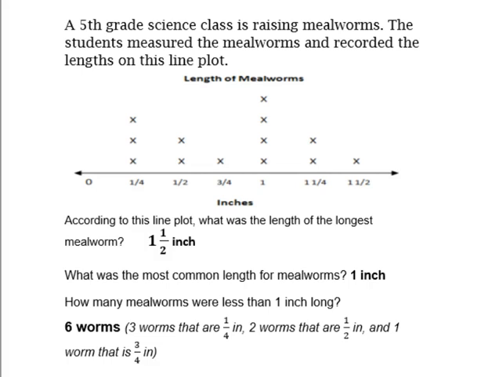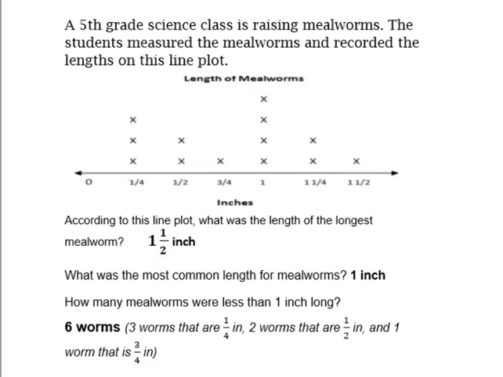For 3/4 of an inch, there's 1 X. For 1 inch, there are 4 X's. For 1 1/4 inch, there are 2 X's. And for 1 1/2 inch, there's 1 X. So the most common length for mealworms is 1 inch. Why? Because it has the most X's.